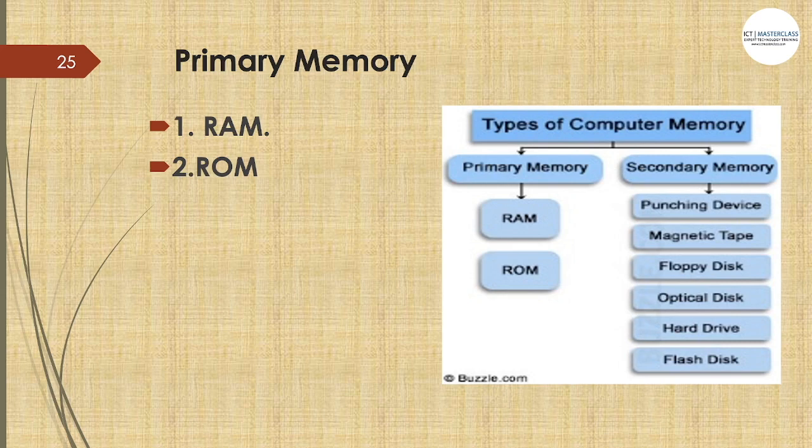Now, when your system is off, those instructions are stored somewhere, and that's where we call the hard disk. When your system comes on, the system has to copy those instructions from the hard disk to another form of memory.